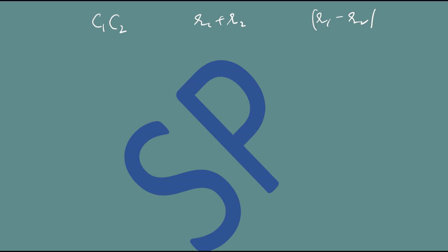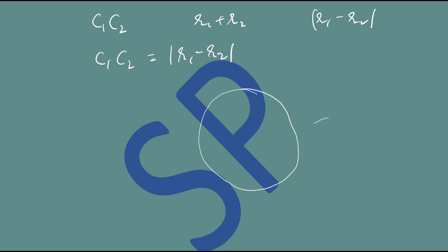Suppose in another case, I got C1C2 is equal to mod of R1 minus R2. Then in this case, I realize that the circles are going to touch each other internally, one touching the other inside.